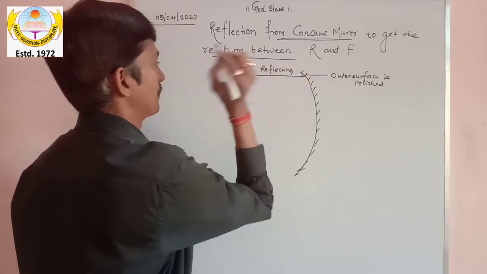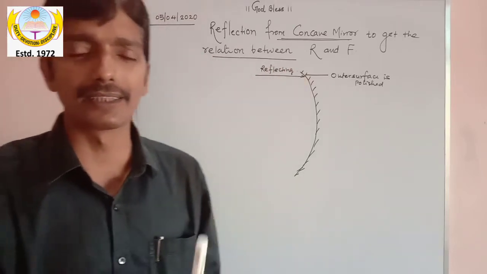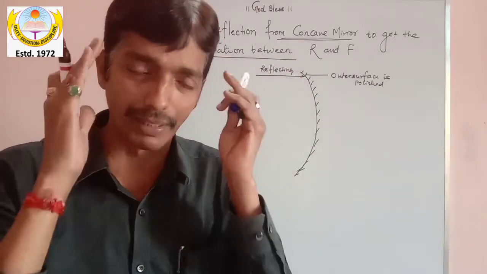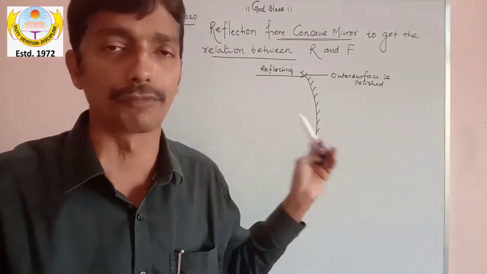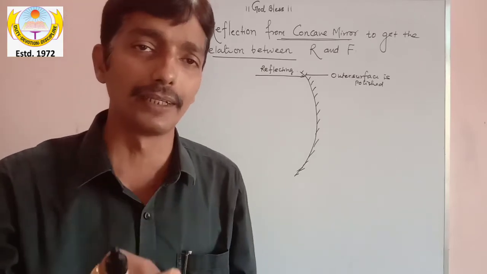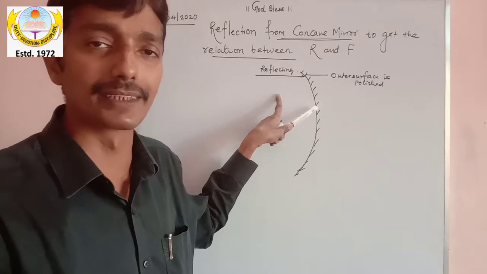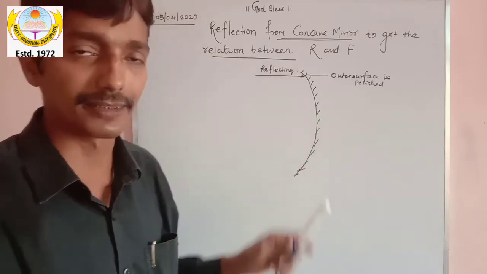So this topic not only gives us an idea about the relation we are finding, you should also know what a concave mirror is. The concave mirror is a mirror in which the outer surface is polished and the inner surface is reflecting, and it will look like this, right?